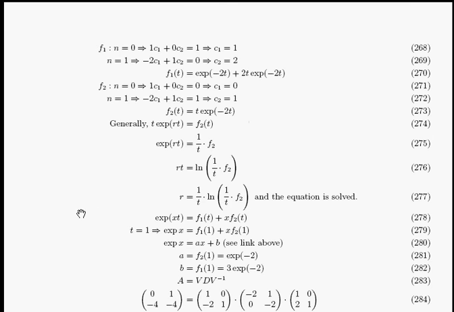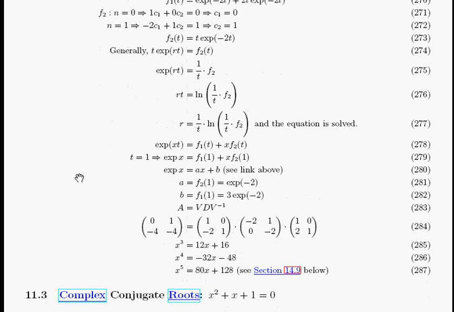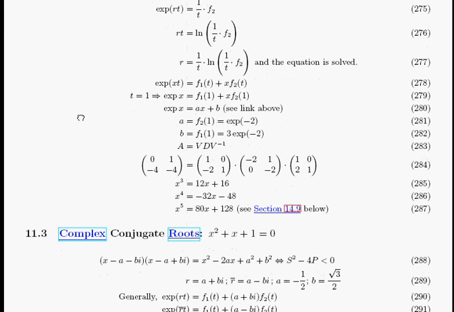That's not relevant to solve a particular case, but that's interesting. So the Jordan normal form is minus 2, 1, 0, minus 2. The eigenvectors are 1, minus 2 and 0, 1. Here is V inverted. We calculate the cubic, the quartic, and the quintic.